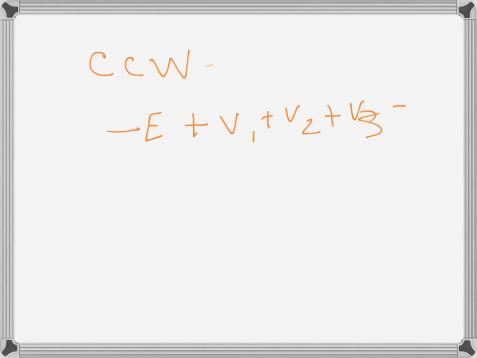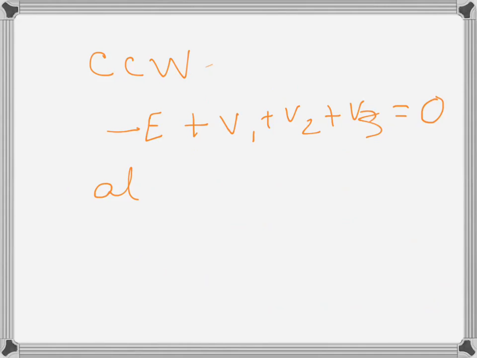So the algebraic sum of voltage drops is 0. When it says algebraic sum, we have to understand that the rise is a negative drop, and the drop is a positive drop. So it can be stated in these two ways.